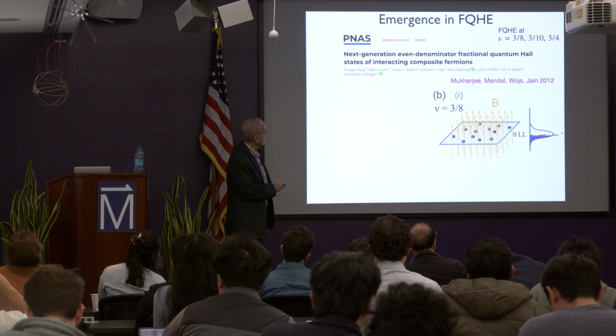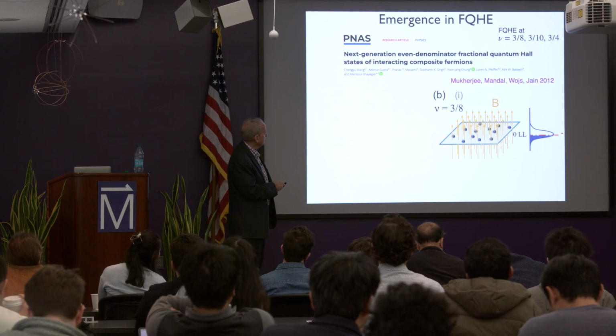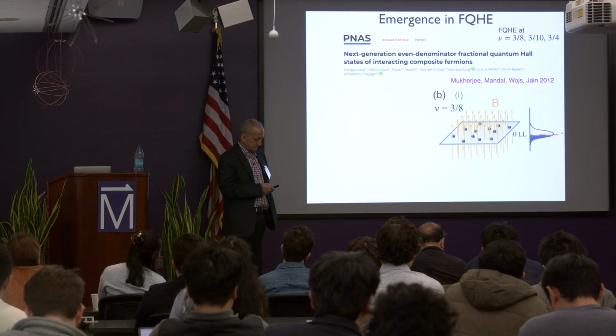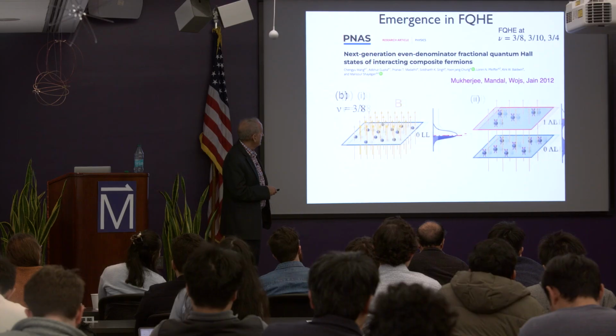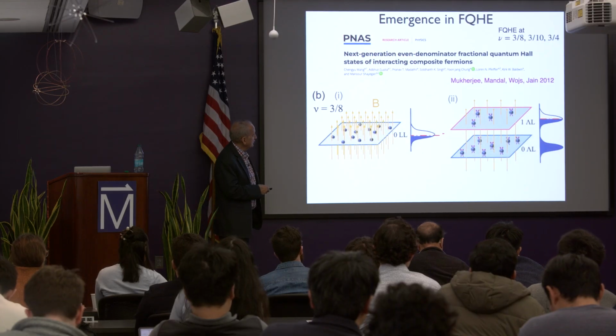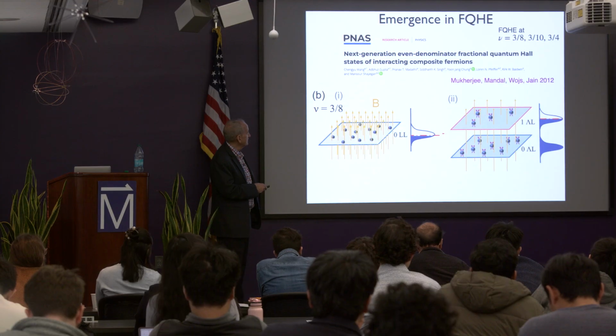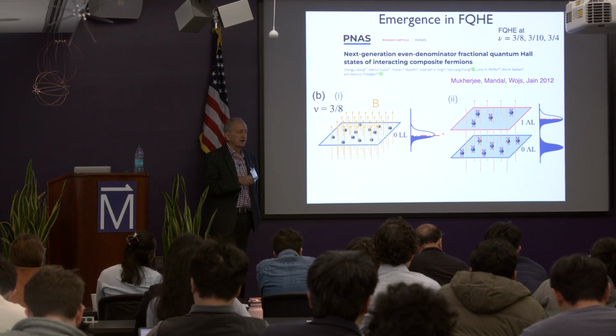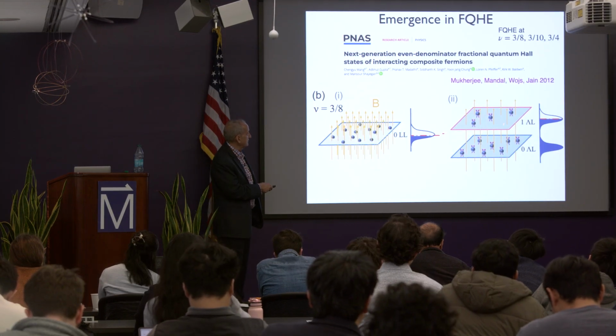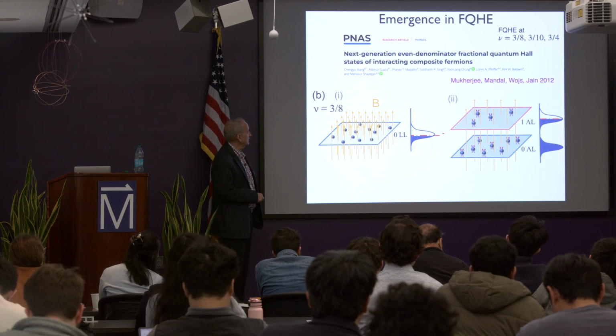So let's consider a fractional Hall system at filling factor 3/8. Now, you say, okay, I'll bind 2 vortices to each electron to convert it into a composite fermion, and the filling factor for this becomes 1 plus half. So I fill the lowest lambda level, filling factor half here.